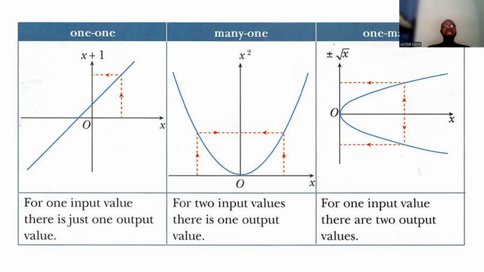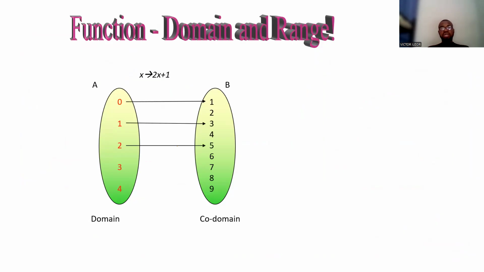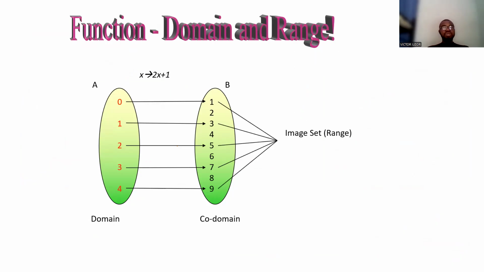But one to one and many to one are functions. With that example, you'll be able to understand. I've explained to you earlier what domain and codomain are, and that the collection of all the codomain is known as image or range.